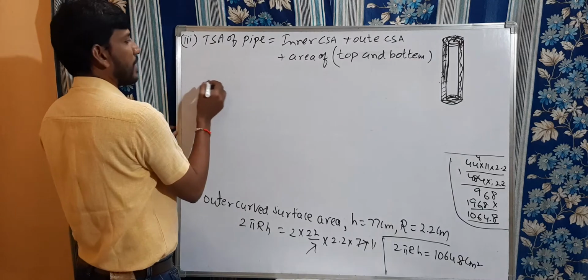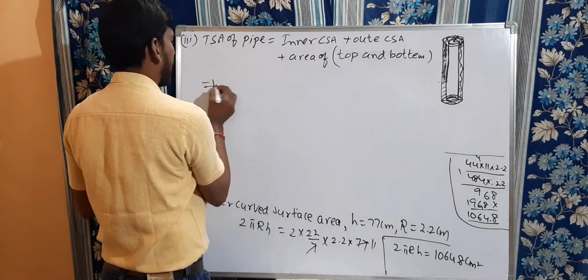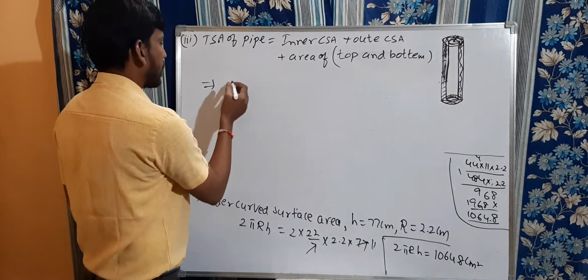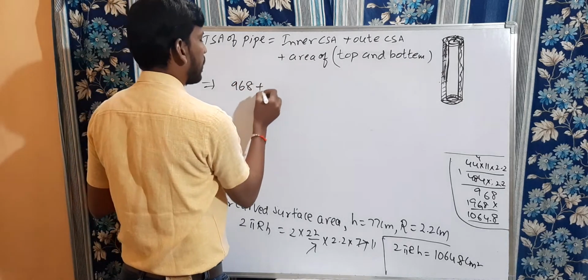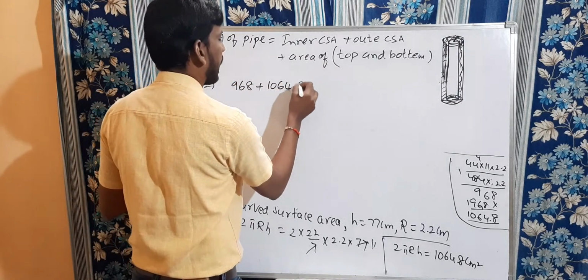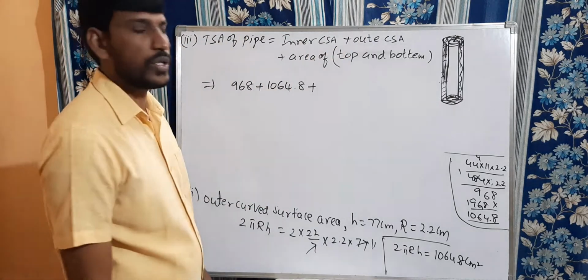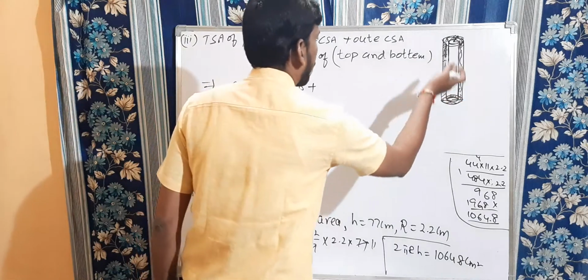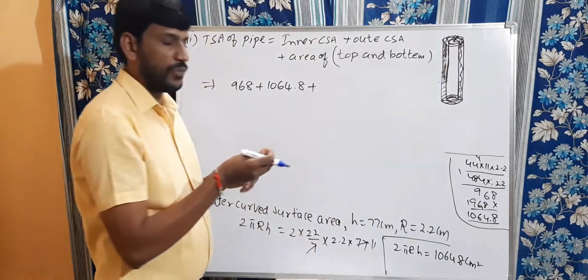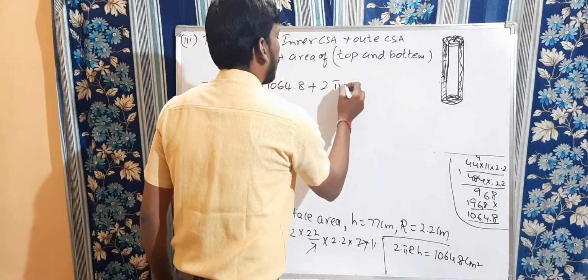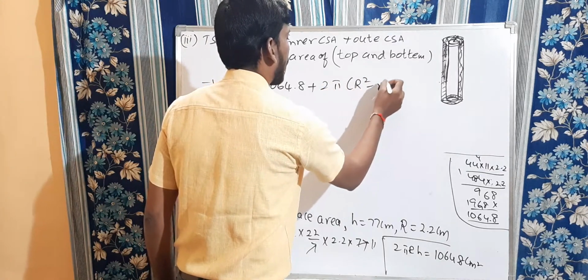Now the inner curved surface area we already got, that is 968, plus 1064.8, plus the area of top and bottom. Top and bottom is in the form of a ring, so it is 2 pi into capital R square minus small r square.